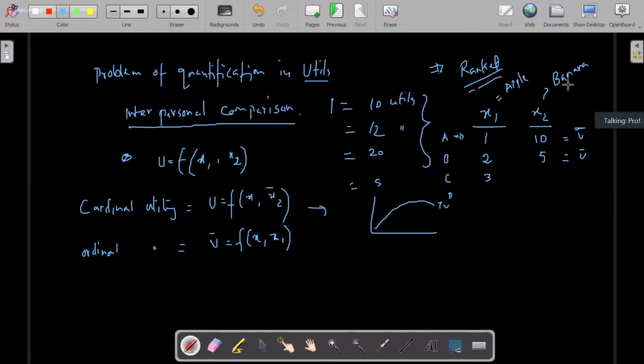Then you need to sacrifice banana consumption again, suppose it is 3. So 3 apples and 3 bananas give you the same level of satisfaction. So we are now not going to quantify utility, we just rank. That means the level is the same. Suppose we add another apple, 4 apples, we need to go for maybe 2.